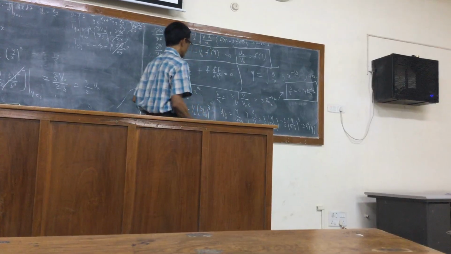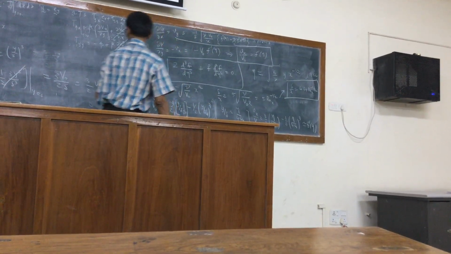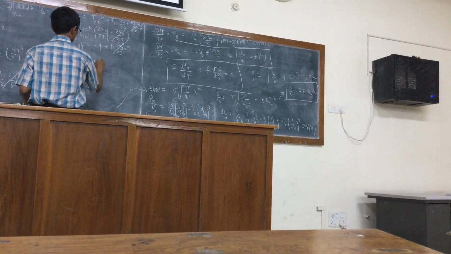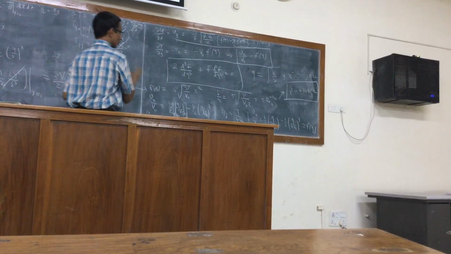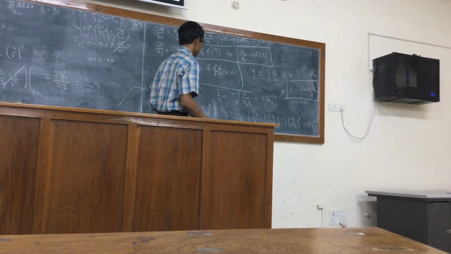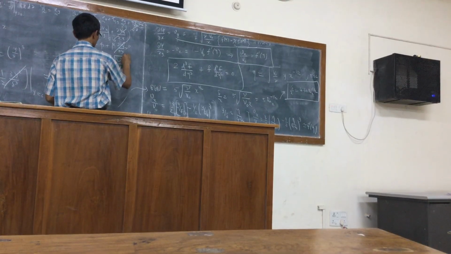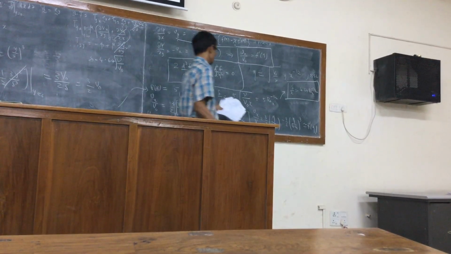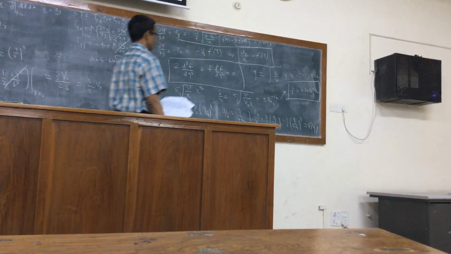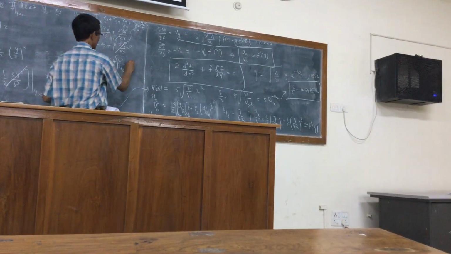I can use this. So delta would be 4.64 times the square root, times x power half.